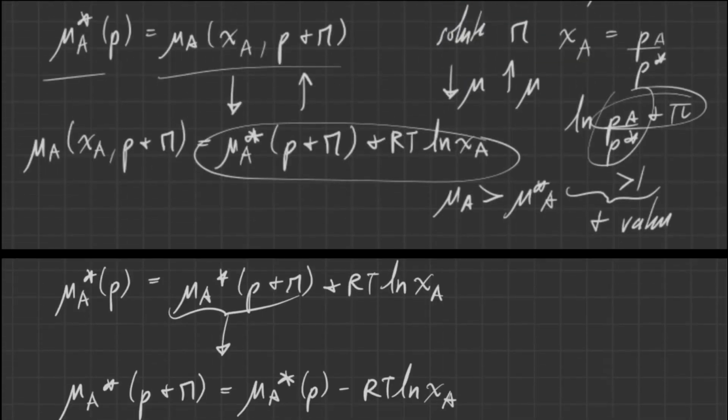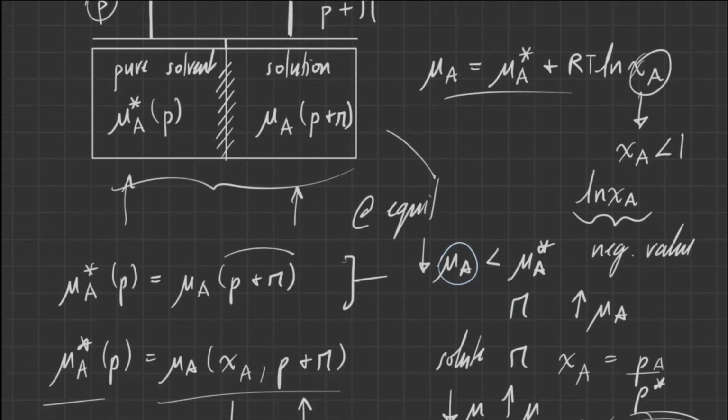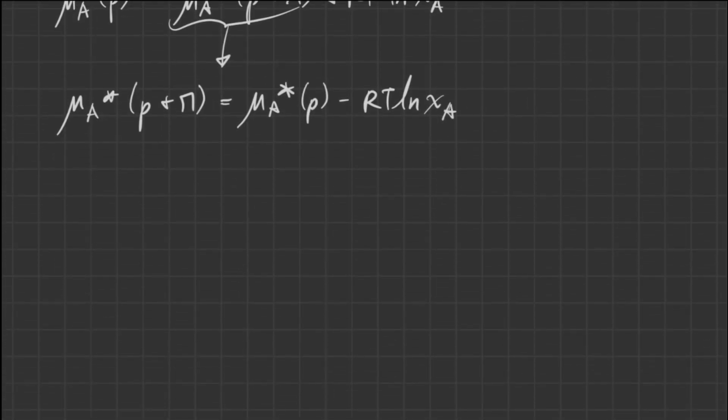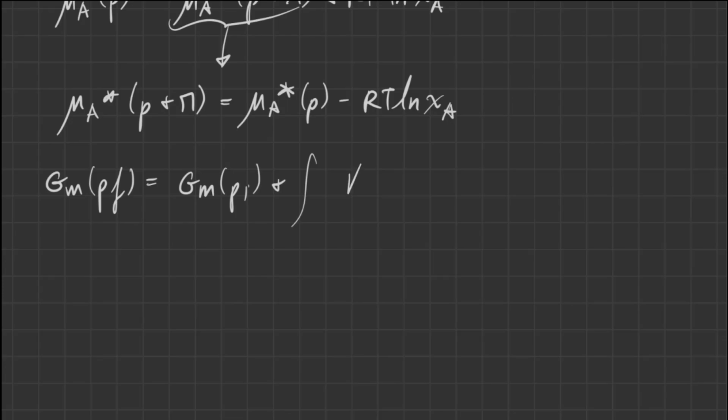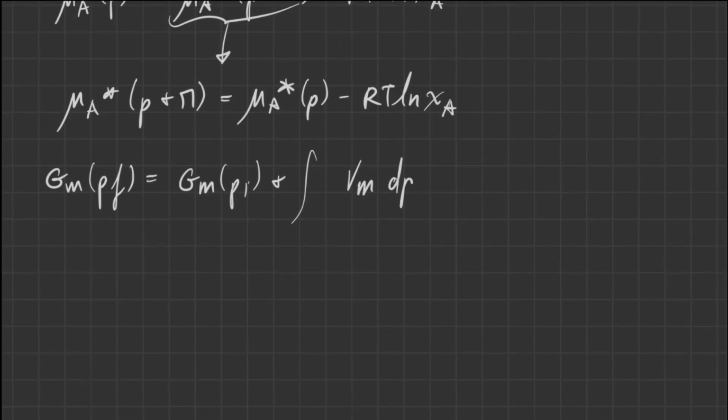In order to relate the pressure with the chemical potential, you're going to want to remember this formula, where the molar Gibbs free energy at the final pressure is equal to the molar Gibbs energy at the initial pressure plus the integral of the molar volume of the solvent or the liquid, times dP, from the initial pressure to the final pressure.